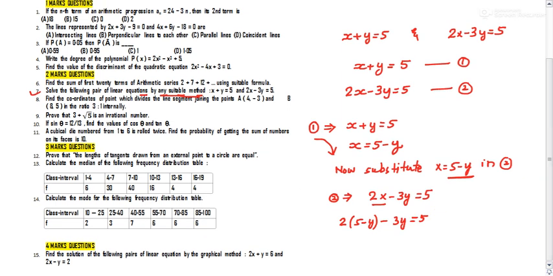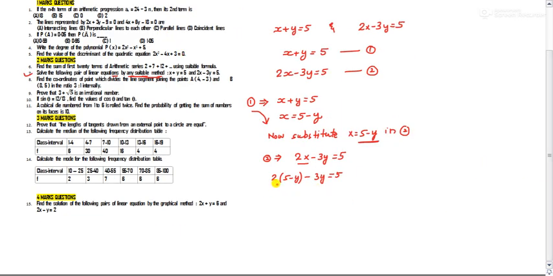Right? Now, what is this? 2 fives are 10. Minus 2 into y, it is 2y. This is minus 3y equals 5. So this is 10. Both of them are negative, so add them. 2 and 3 is 5. 5y is equal to 5. Now variable one side, number one side.